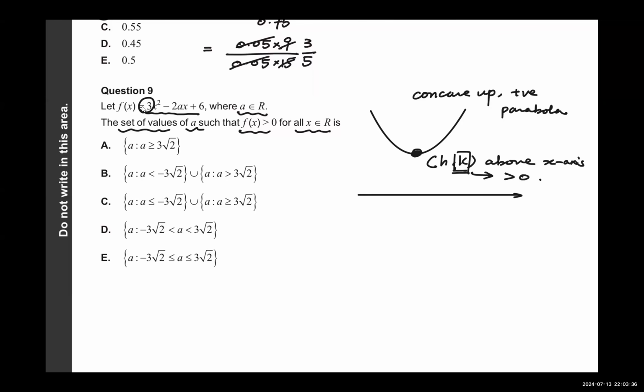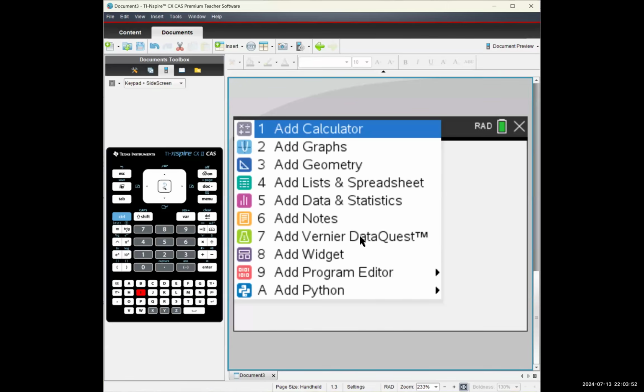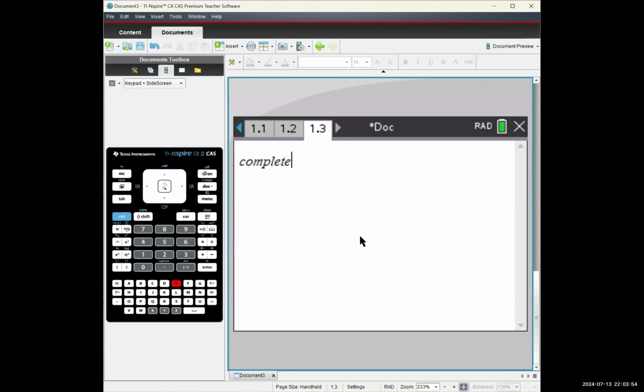Okay? So with your CAS calculator, you could either find the derivative and sub in x to get a y and make this function greater than 0, or you just use the complete the square button. In this case, I'm going to say complete square, 3x squared minus 8 times x plus 6, x.